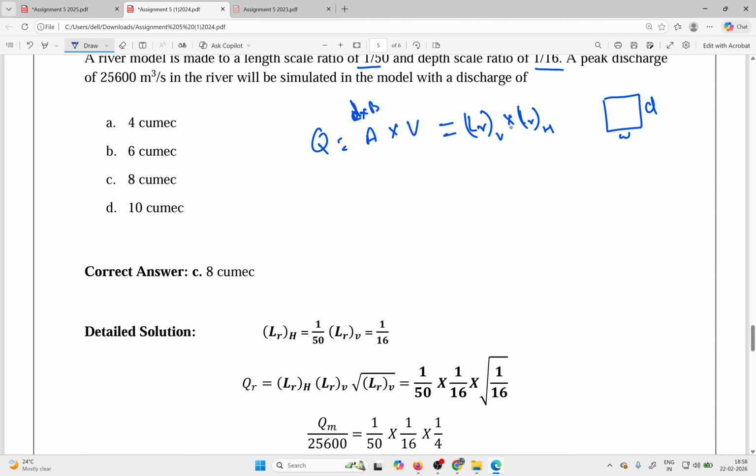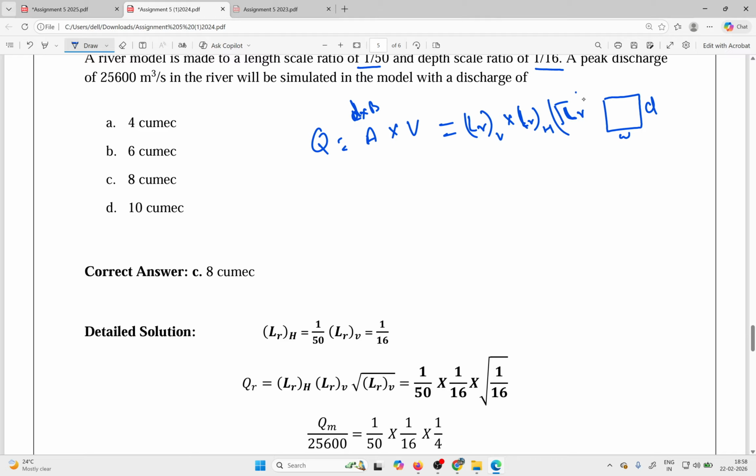And for the velocity, you know velocity is root LR. But is this LR for the vertical or for the horizontal?